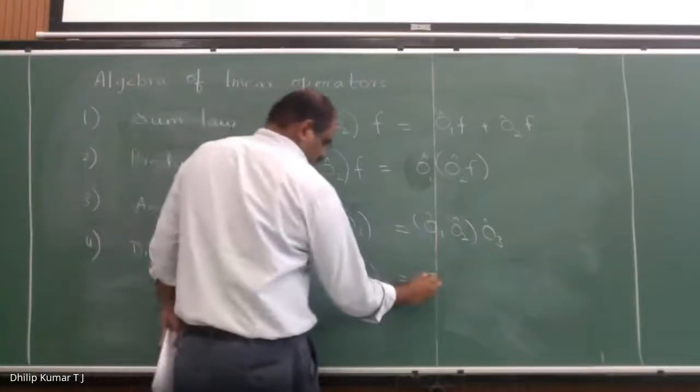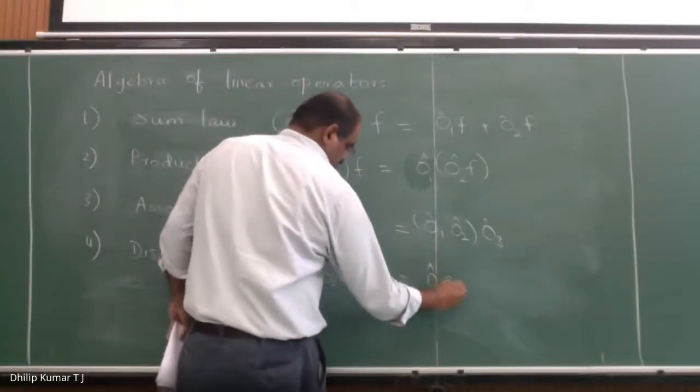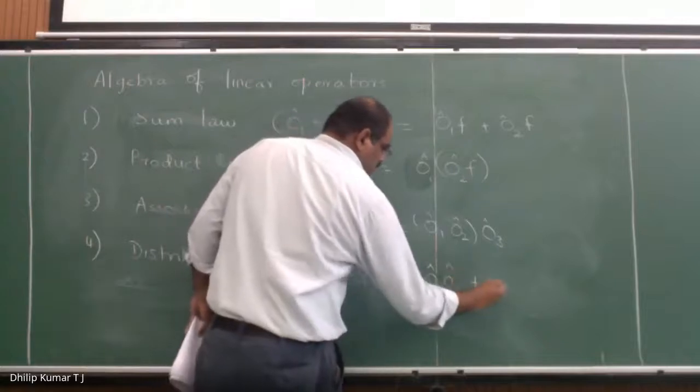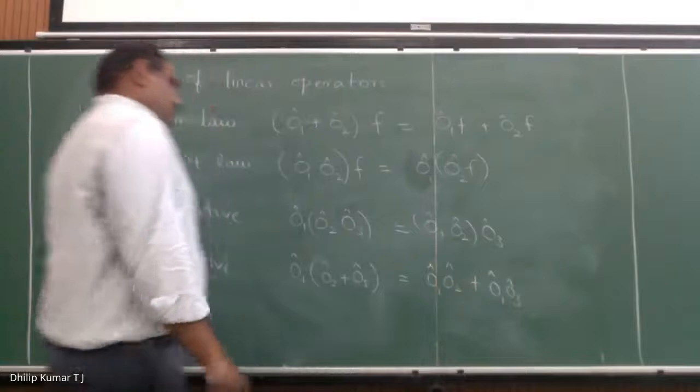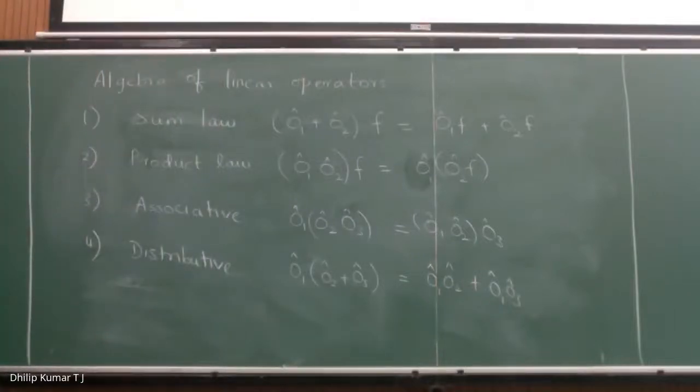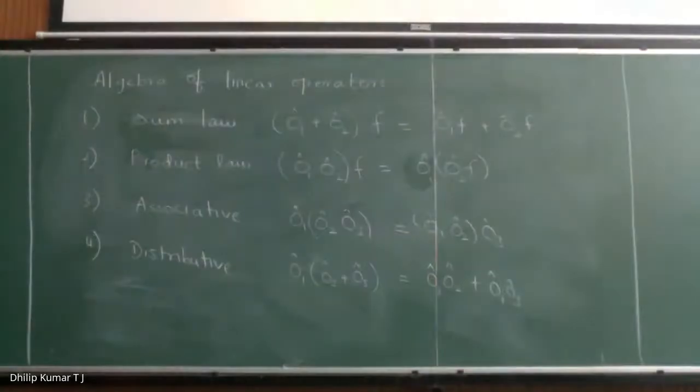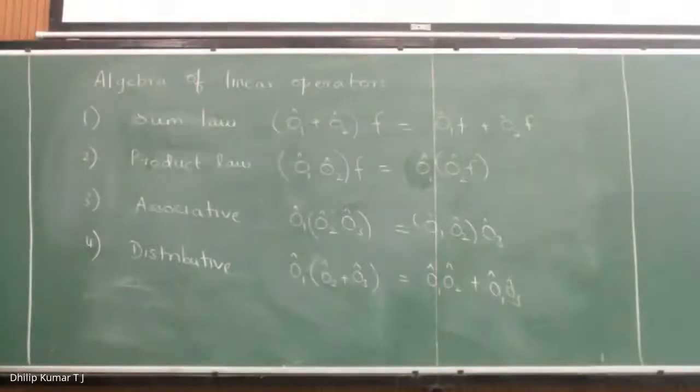These are all linear operators, but the symmetry operators, which you are studying now, also obey these laws. Most of the time we use the product law and the associative law. So all the symmetry operators obey these laws.